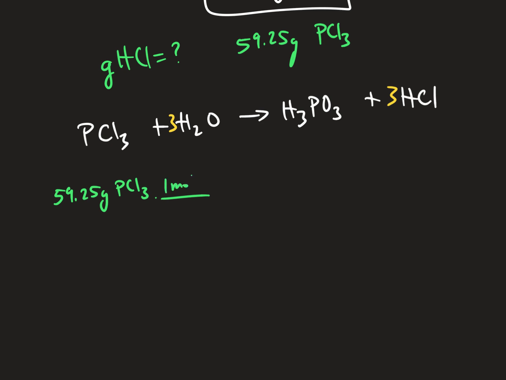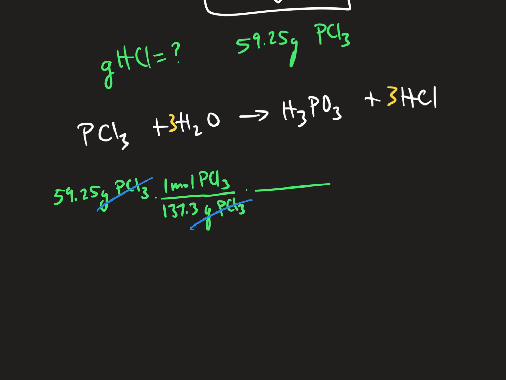So 1 mole of PCl3 has a mass of, and we've probably done this a million times, 137.3 grams of PCl3. You following? Grams of PCl3 go away. Cancel as you go to make sure you're doing this correctly.